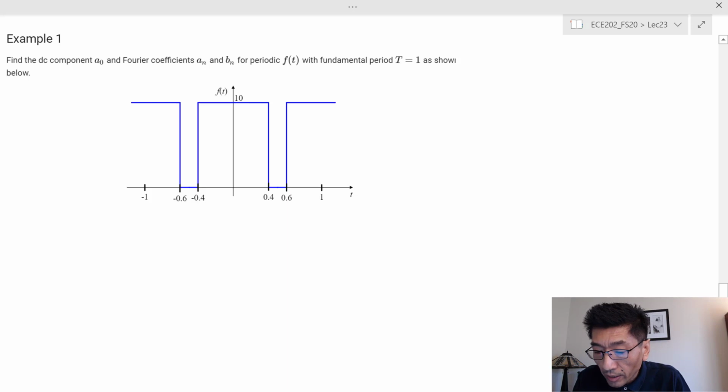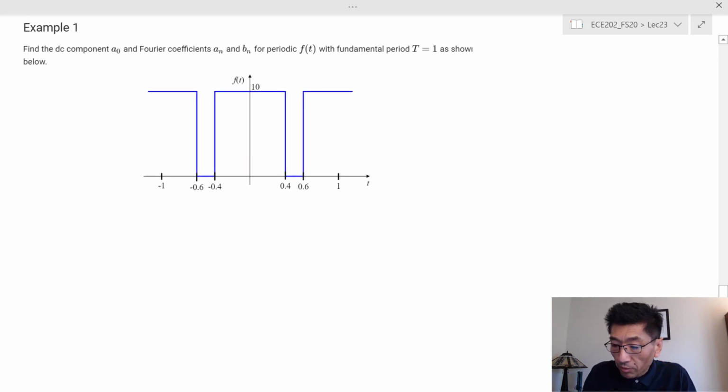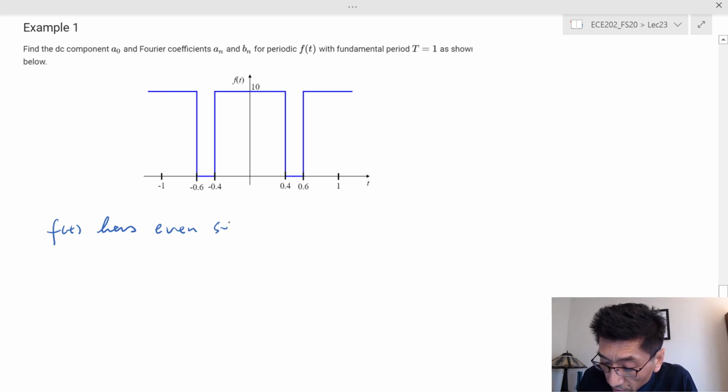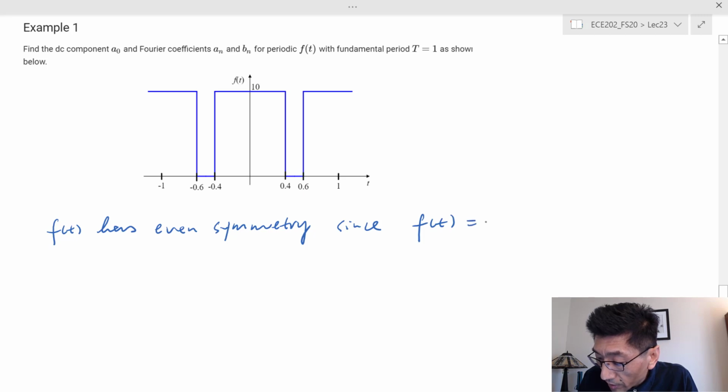So we want to find the Fourier coefficients, and f(t) features even symmetry, right? Because it is symmetric across the vertical axis, even symmetry, since based on the plot we can see f(t) is equal to f(-t).